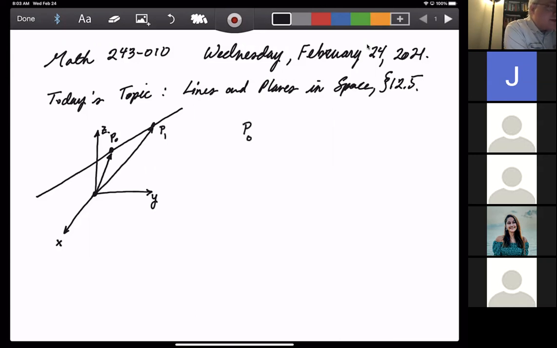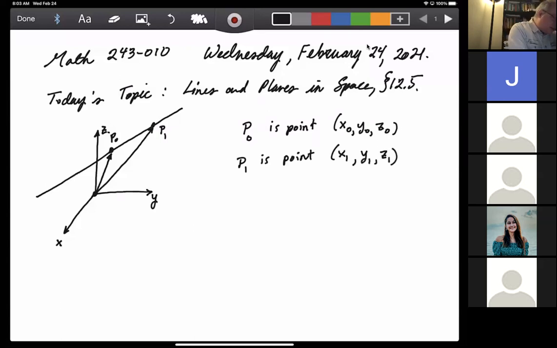So P0 is the point with coordinates x0, y0, z0. P1 is the point with coordinates x1, y1, z1. And you could think about making a vector that goes, say, from P0 to P1.